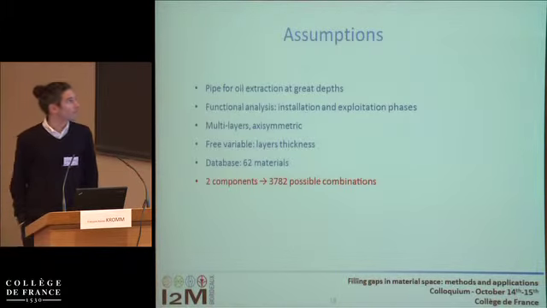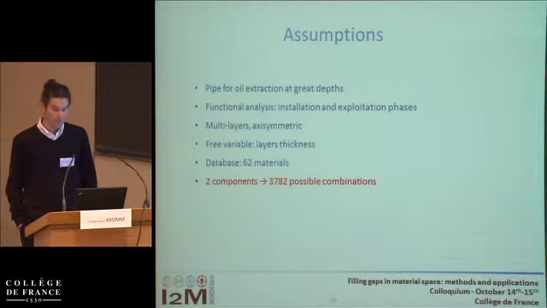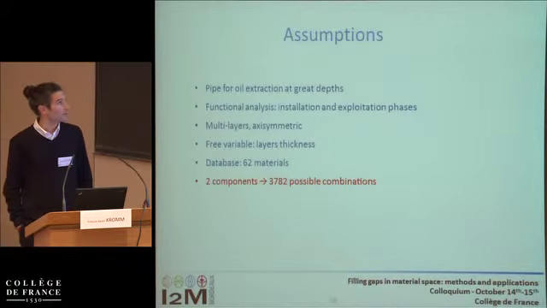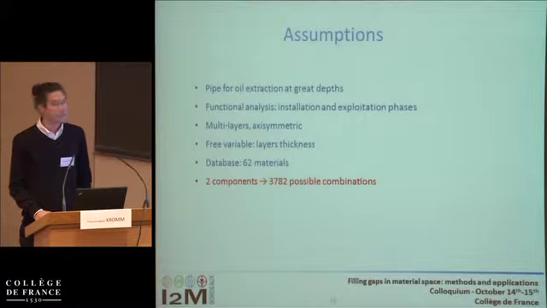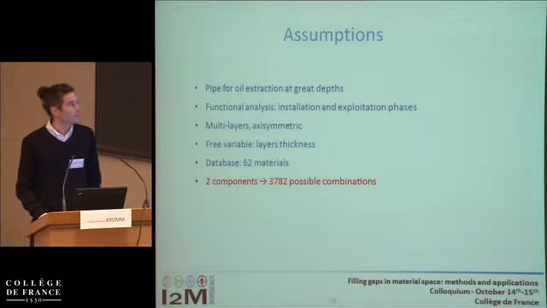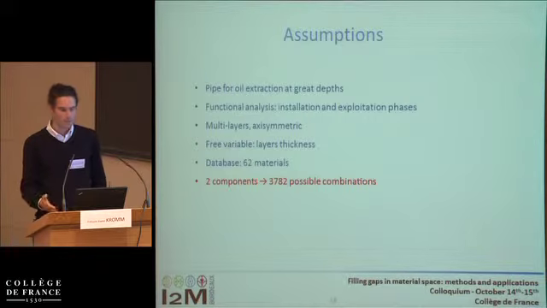The assumption was that the material was a multi-layer and axisymmetric. The free variable was the layer thicknesses, and the database which we used was only 62 materials, which was voluntarily reduced in order to illustrate this method.